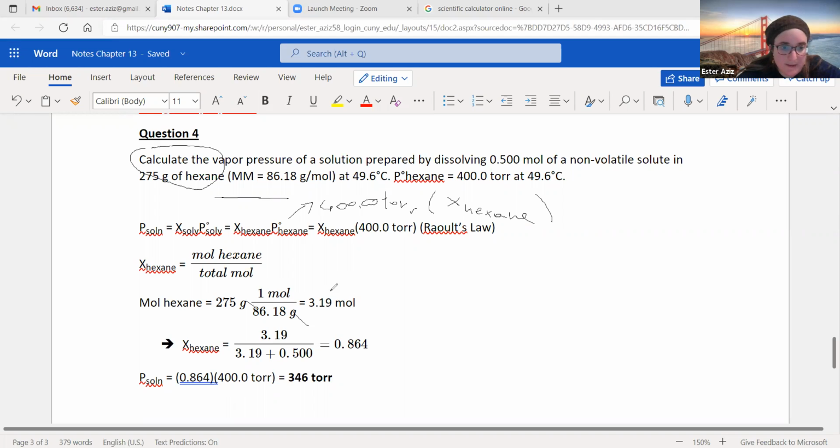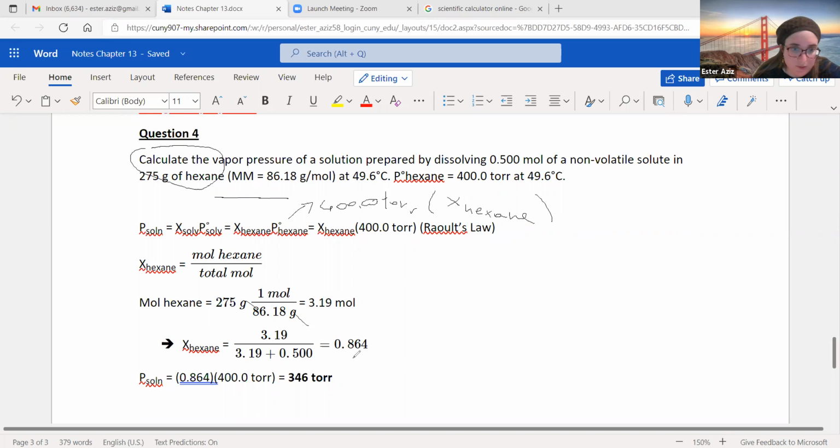Now we can find out the mole fraction because we can do 3.19, the moles of hexane, divided by the total moles. The total moles is the moles of hexane, 3.19, plus the moles of the compound that's dissolved, 0.5.